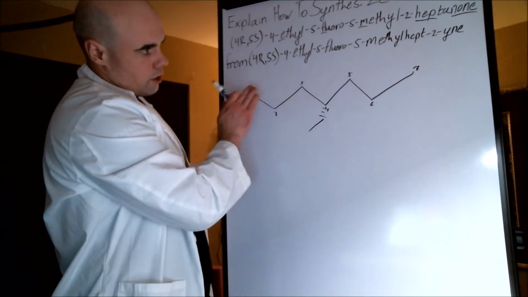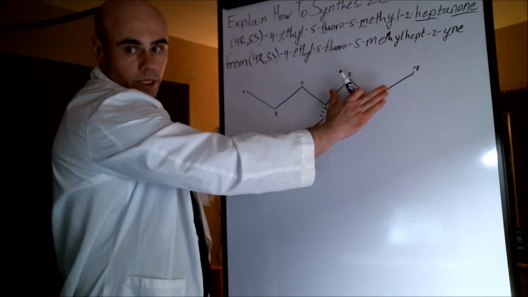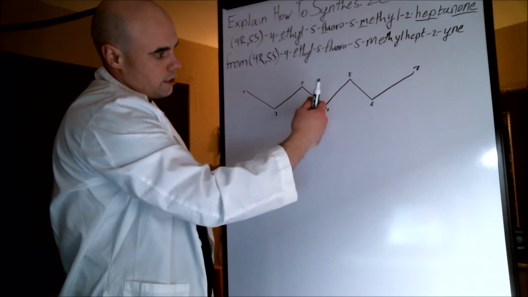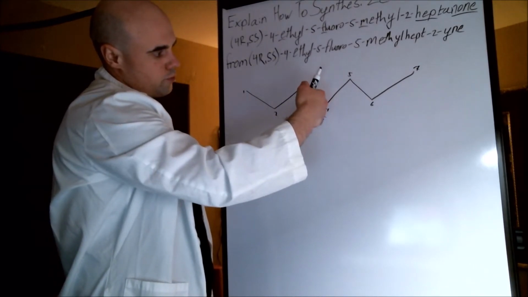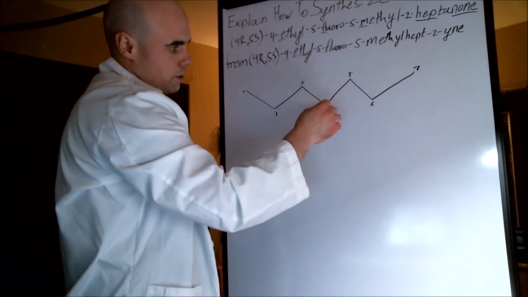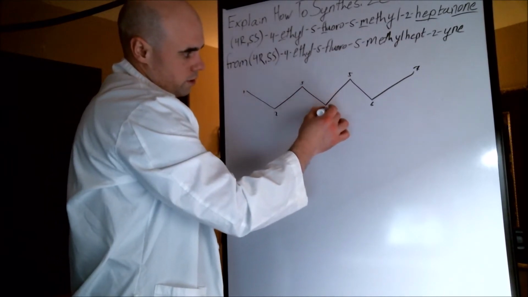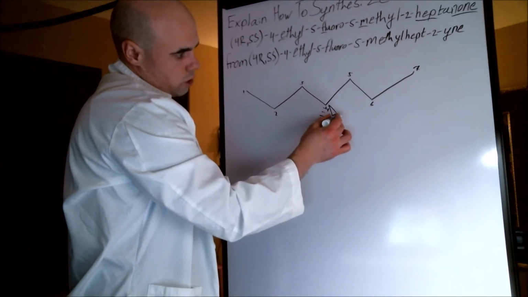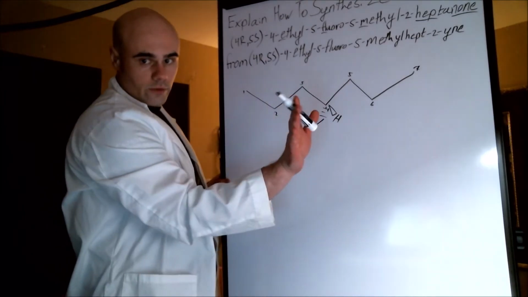The dash indicates that this ethyl group is going into the plane of the board, whereas a wedge, or an implied wedged hydrogen here, means it's coming out of the board.